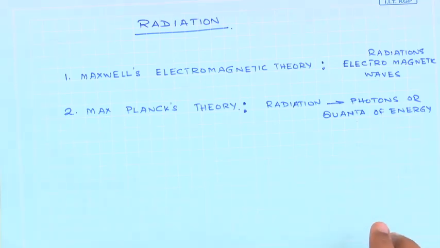Now, radiation can happen over a large wavelength range, and on one side we have the gamma rays, and on the other side we have the radio waves. Whenever an object is emitting radiation, the chances are that it is going to emit radiation over all the wavelengths. So, radiation is spectral in nature.